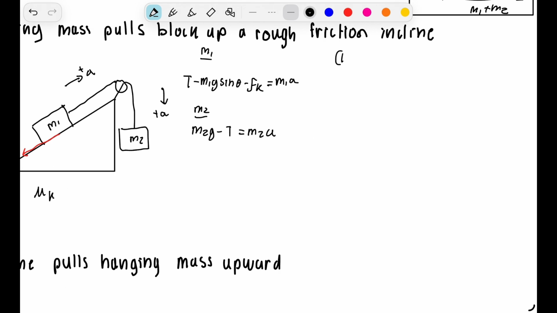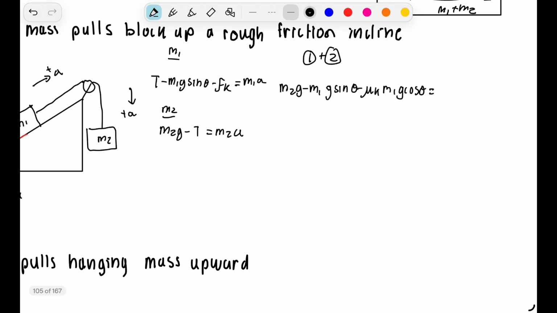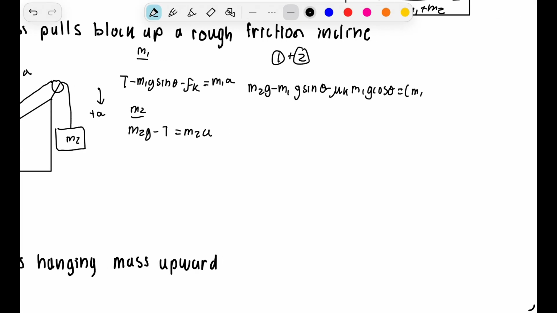So let's add 1 and 2. M2g minus M1g sine theta minus mu k M1g cosine theta. And then this is important: it's going to be M1 plus M2 times a. This is our system mass, and this is going to be our system acceleration.